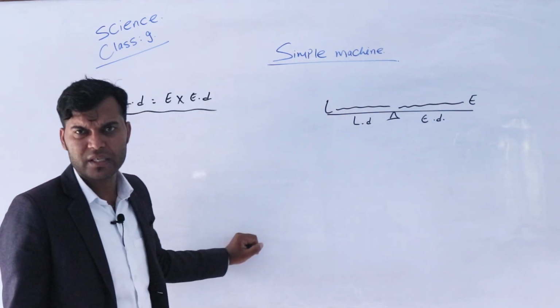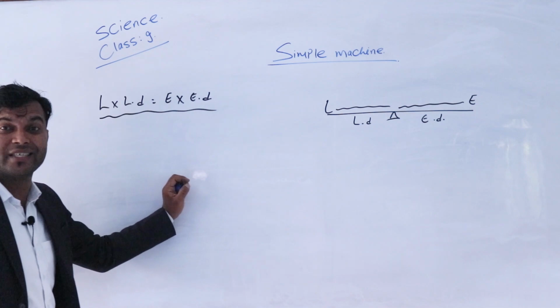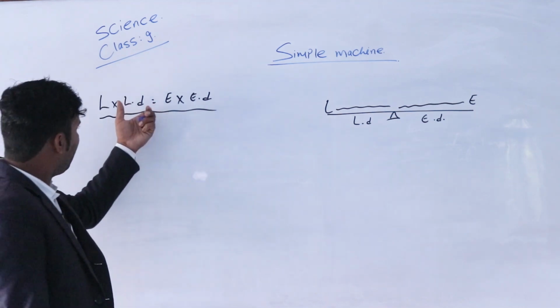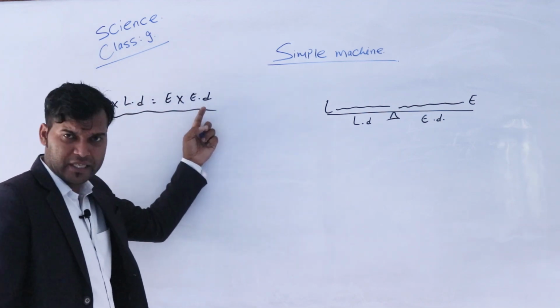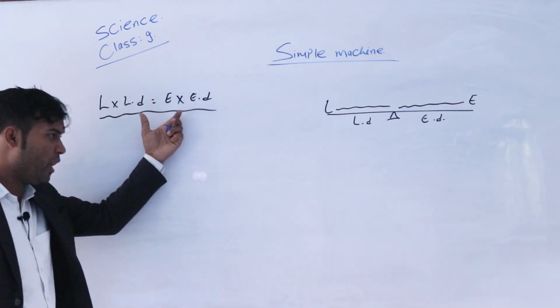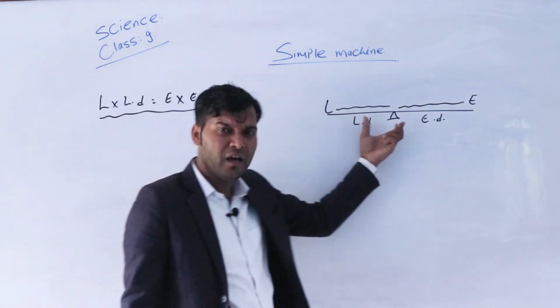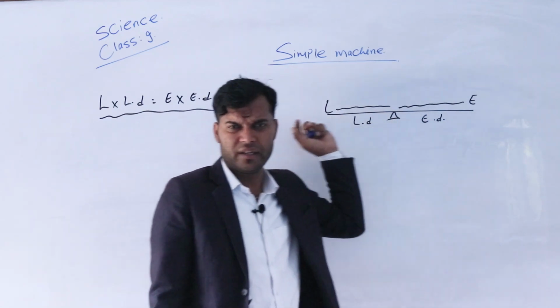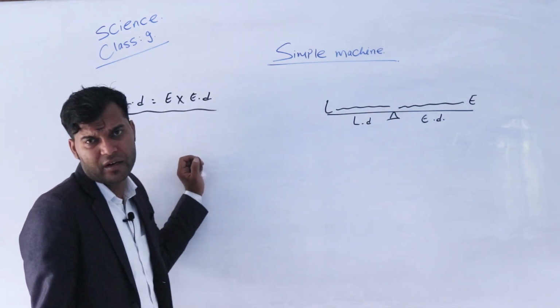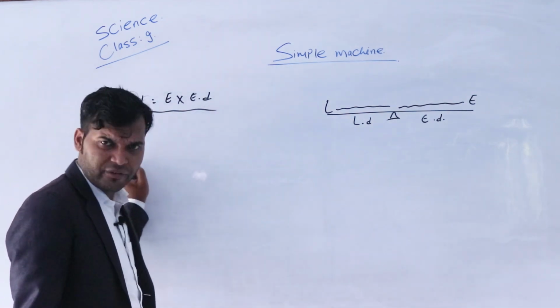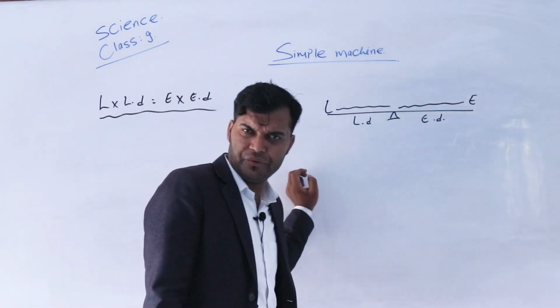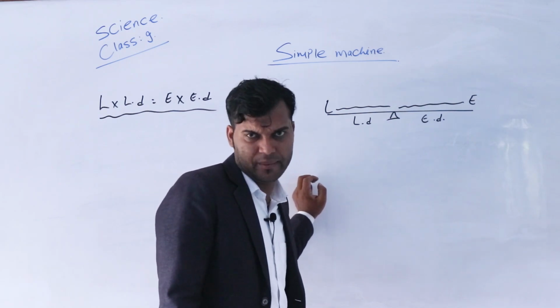We have discussed this in work, energy and power. In the force, load into load distance is equal to effort into effort distance. If these two are not equal, then it is not balanced. The principle of lever states that the product of load and load arm is always equal to effort into effort arm, isn't it?